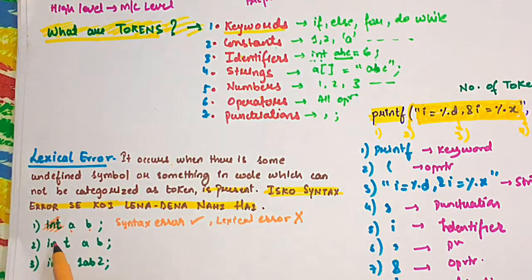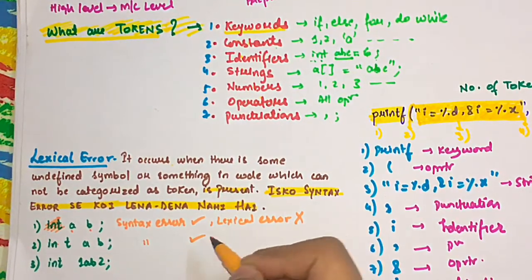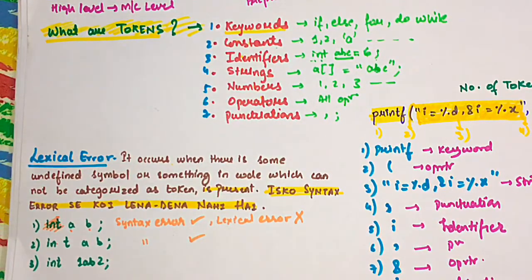Okay, see the next statement. In the next statement, it is not int, it is i n, space, t a b, semicolon. So similarly, a syntax error will definitely be there, as a comma is missing. And what about lexical error? Again, start reading the code as per your lexical analyzer. The first thing encountered will be in.